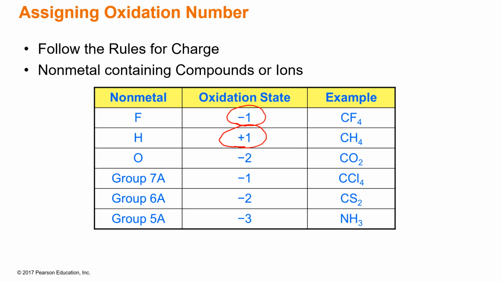When you get to oxygen, most of the time oxygen is a -2, unless we have other circumstances like a fluorine or a hydrogen that take priority. And as we move further down the list, then it's less priority for those ions or those elements to retain those particular charges or oxidation states.